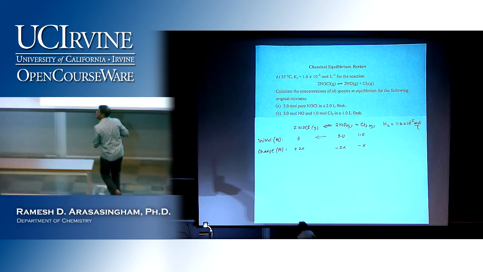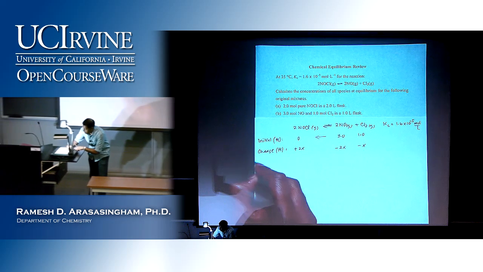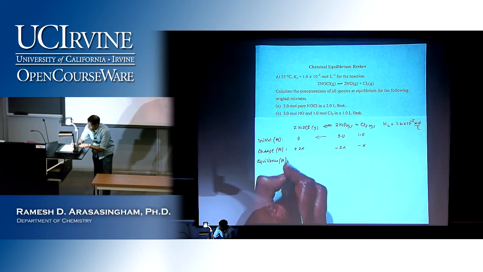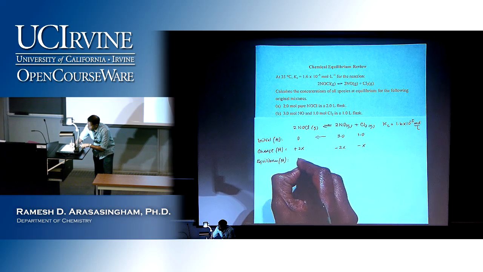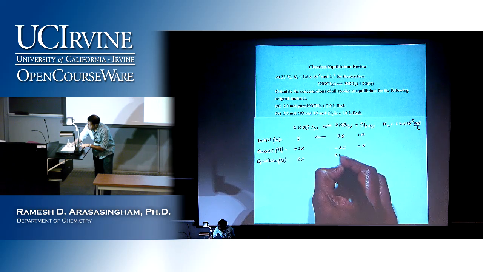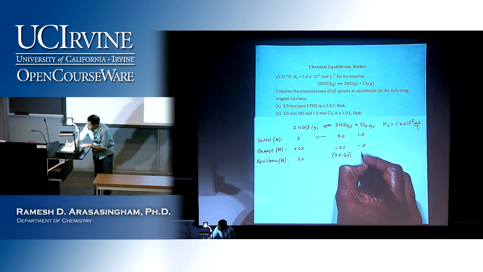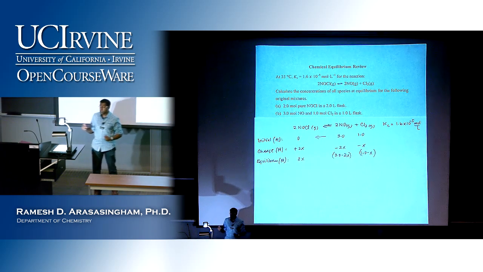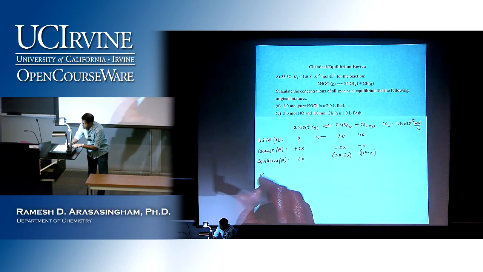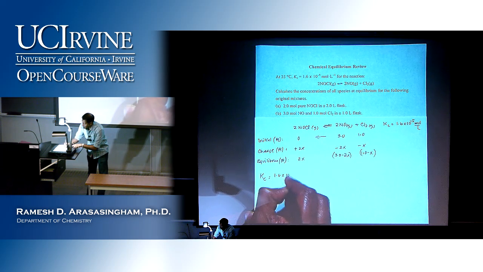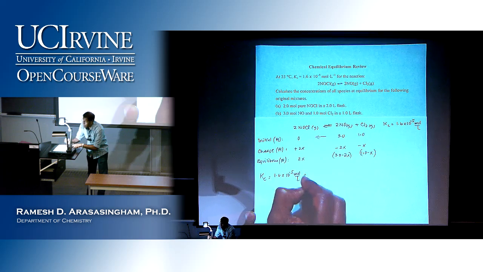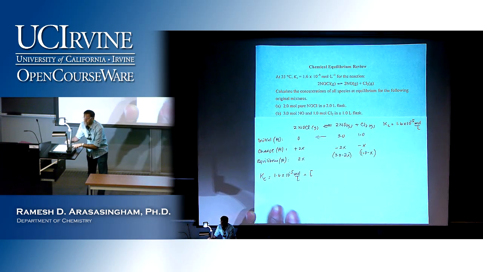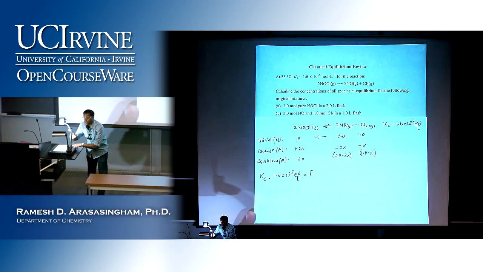Okay? Therefore, when equilibrium is established, this would be 2x, this would be 3 minus 2x, and this would be 1 minus x. Everybody agrees with me? So now we turn to the law of mass action. We know Kc equals 1.6 times 10 to the negative 5 moles per liter equals, again, the form in which this equilibrium is written is that these are the products, these are the reactants.